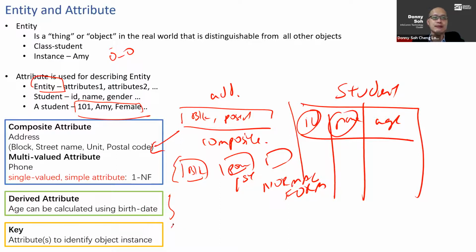Of course, we have the key, which is the attributes that are used to identify the object instead. So we have the candidate key and the primary key. Candidate keys are whatever attributes that can be used to uniquely identify a certain row in your table, and the primary key is the key that, as a database administrator, you decide to use to uniquely identify your row.